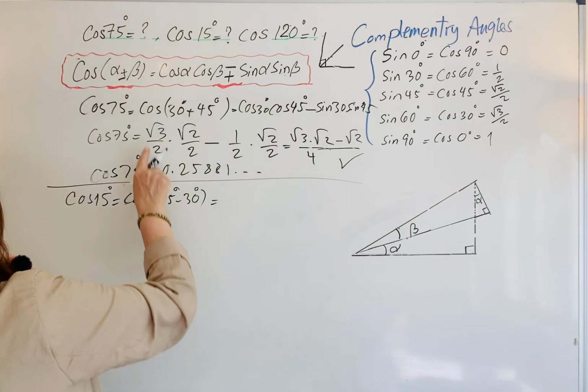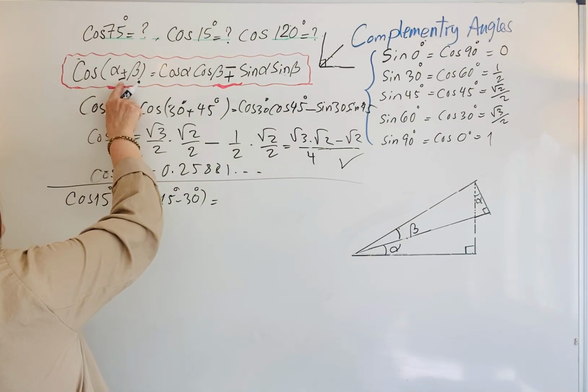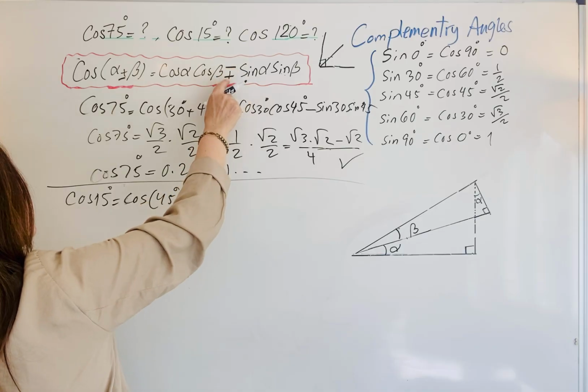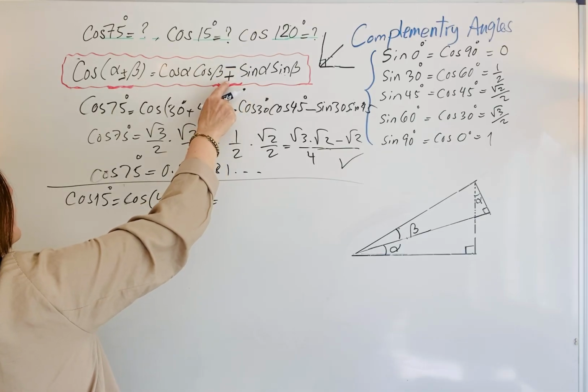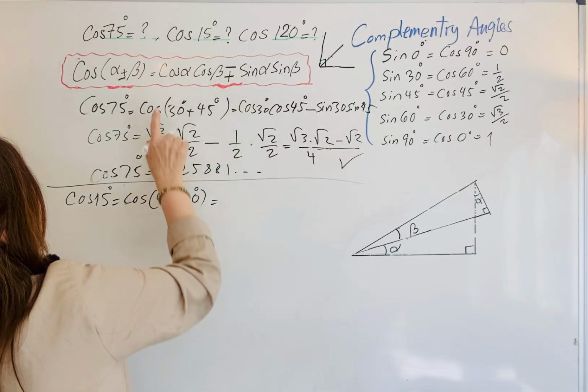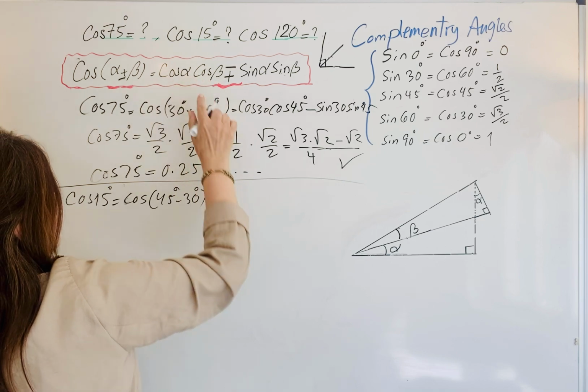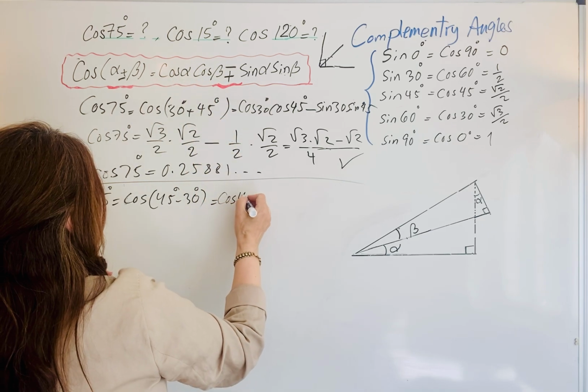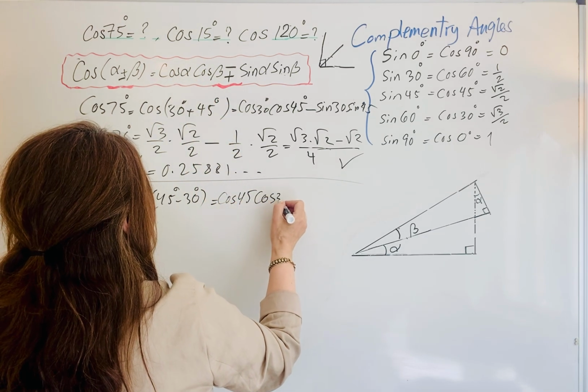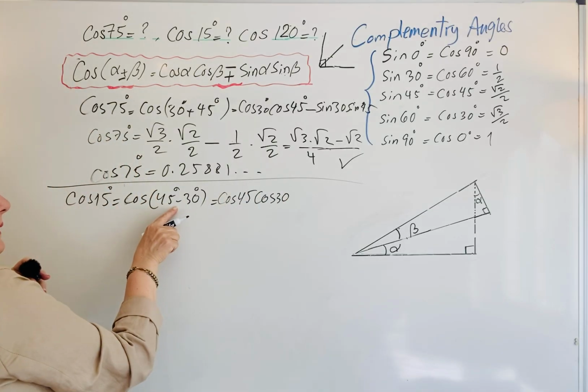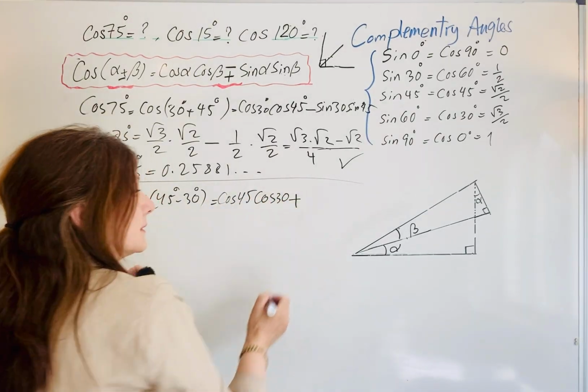How much is it going to be? The difference case is the same, but here it is adding. Cosine of this one, cosine of that one, cosine of 45, cosine of 30. Here it is minus inside, so we use plus.